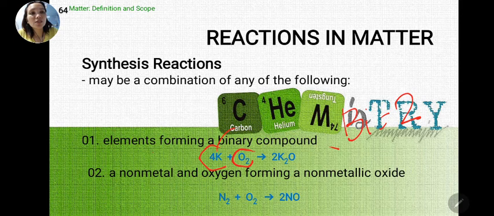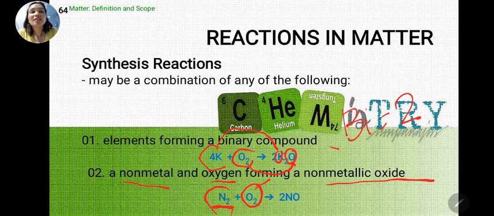So this is from K and this is from O. Okay? Next, you can also have a nonmetal and oxygen forming a nonmetallic oxide. For example, nitrogen gas and oxygen gas. Nitrogen gas is a nonmetal. So when you combine the two, it will form a nonmetallic oxide, nitrous oxide. Okay?